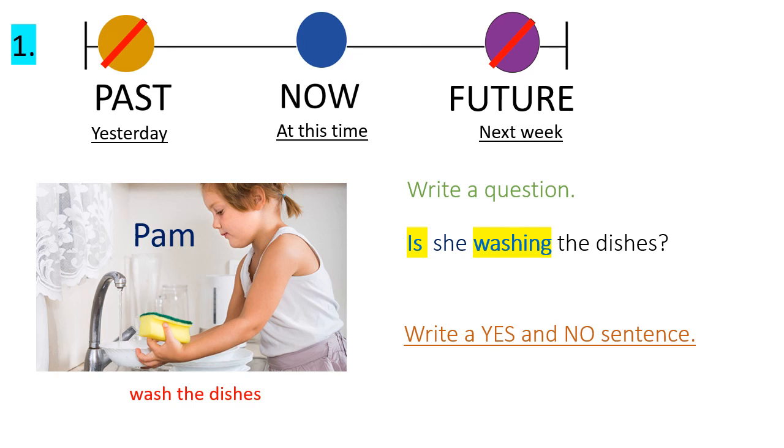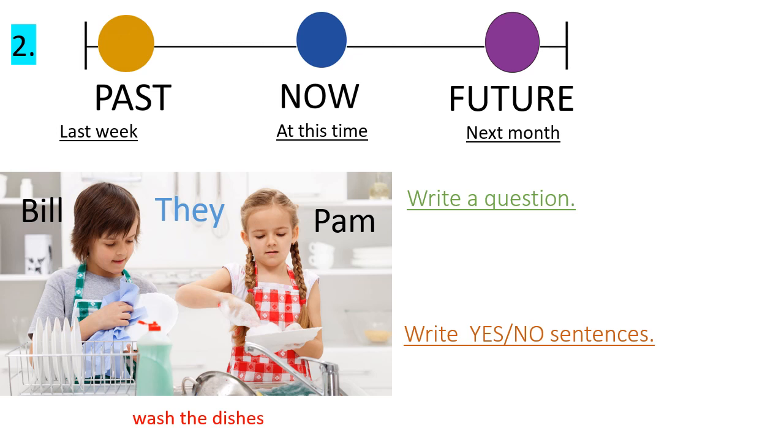Washing, ing, helps people understand that I am talking about now. Is washing, that's now. That's not the past, and that's not the future, and that's not anytime. Is she washing the dishes? So you have to write a yes and a no sentence for that question. That's number one.